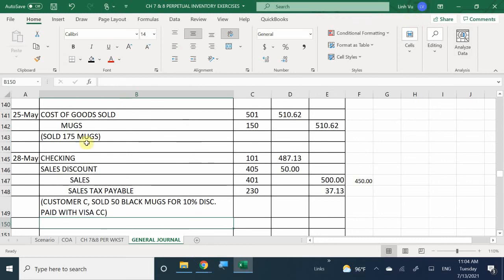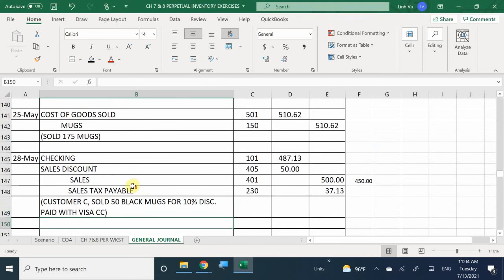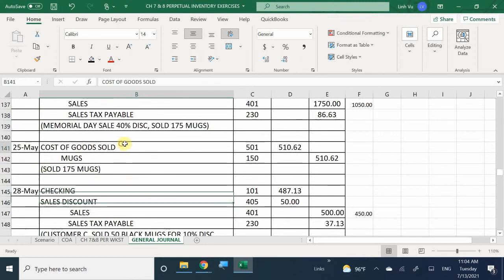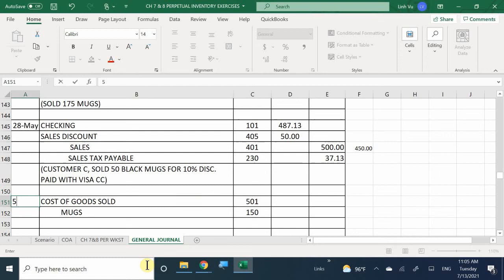Good. All right. Now, we sold 50 mugs. What do we need to do now? Journalize it. We need to go to our inventory worksheet. Yes, to update it. Because in this case, I sold 50 mugs.